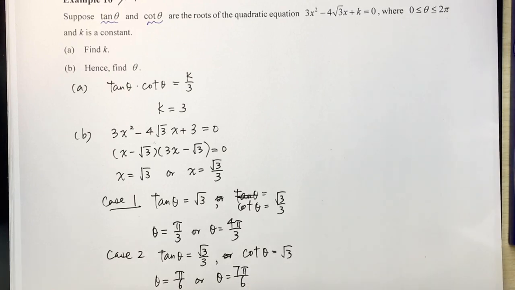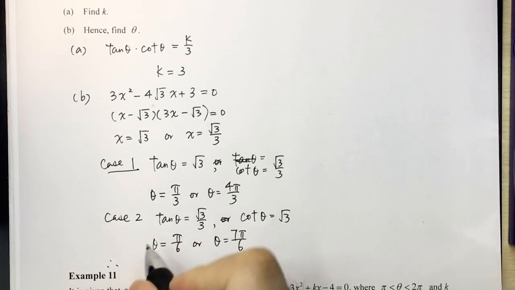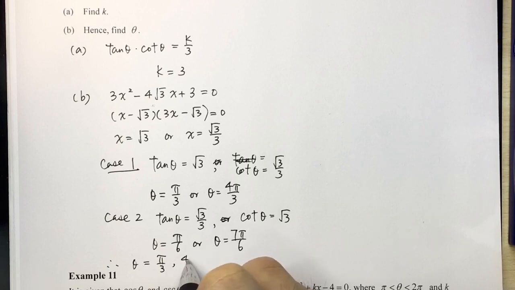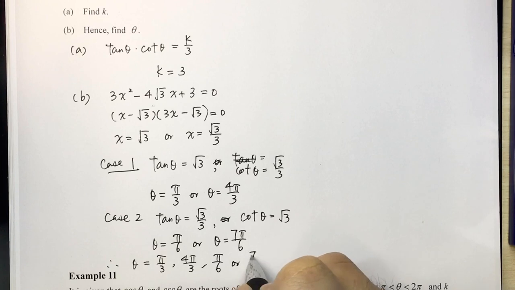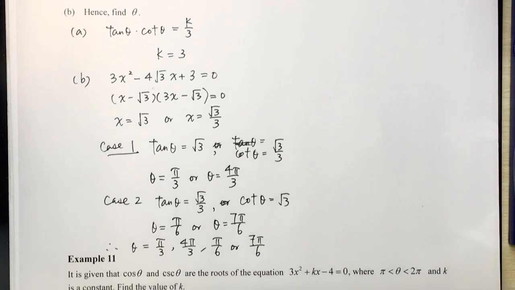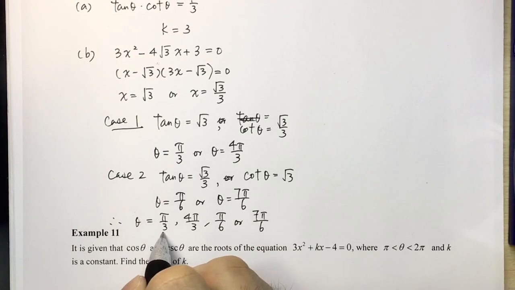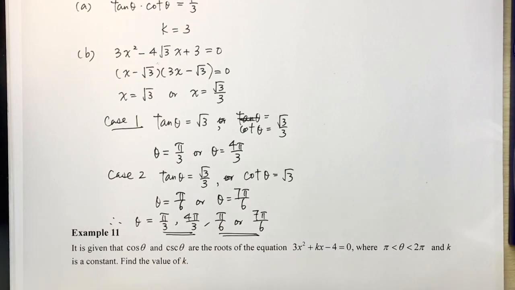So in all, we have 2 different cases and we have 2 sets of answers. That is, altogether, theta can be pi over 3, 4 pi over 3, pi over 6, or 7 pi over 6. Okay? And again, you need to just give your answers in 2 pairs like that. Okay? You do not need to arrange the angles in ascending order. Okay?